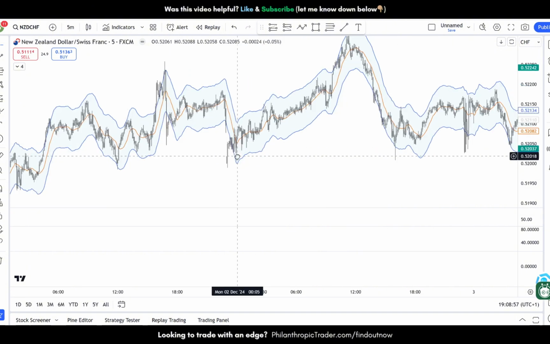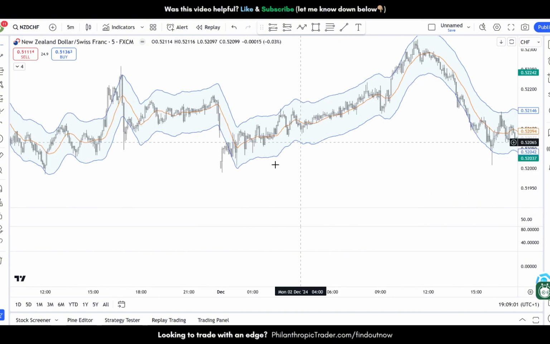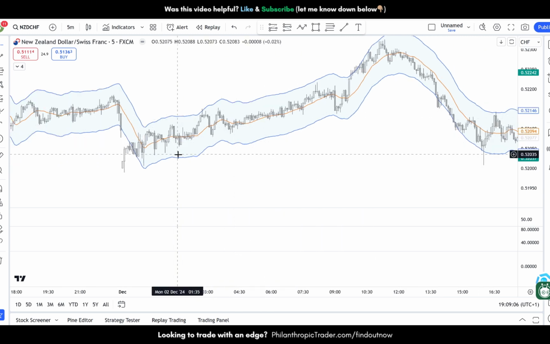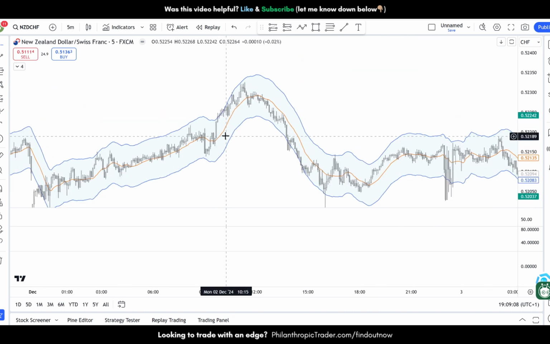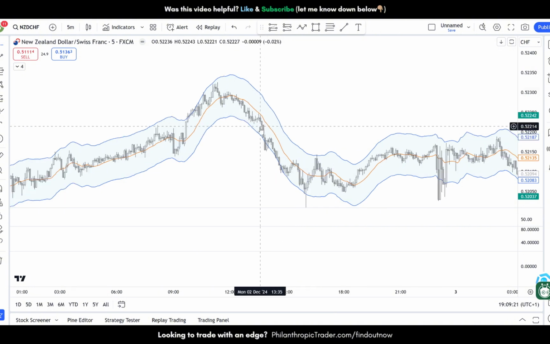So how do you use this indicator? If we see the bands pointing upwards, and we also see the middle line pointing upwards, then we're in an uptrend. Here we see that from this point it goes from pointing upwards to pointing downwards, and we also see the blue lines crossing to the downside, and from that moment you can tell that we do not go up anymore and we're in a bearish market.